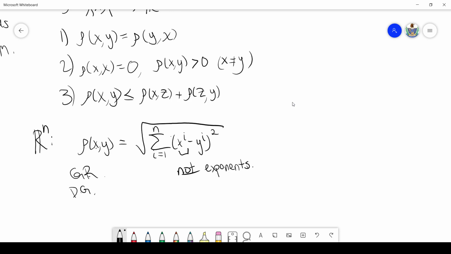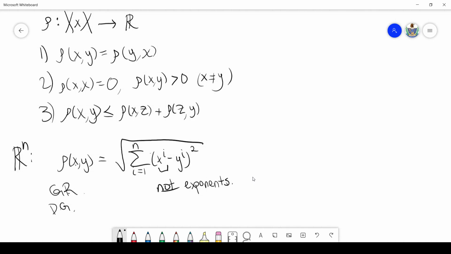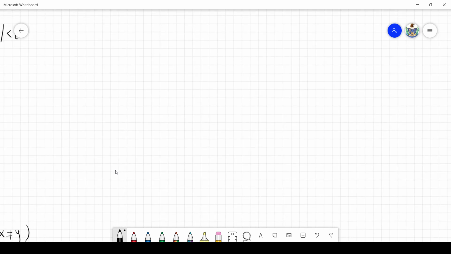It is just a fact of life, and you will have to deal with the fact that superscripts no longer always indicate exponents. Here, of course, this 2 is indicating the square exponent, but x to the i does not mean x to the power i. This just means the ith component of x. I thought I should mention that.